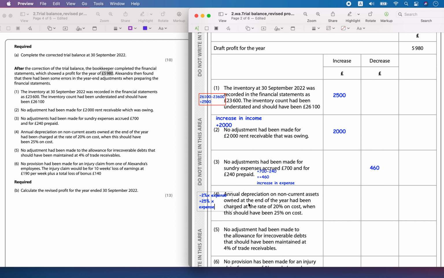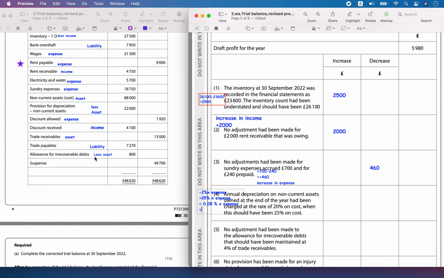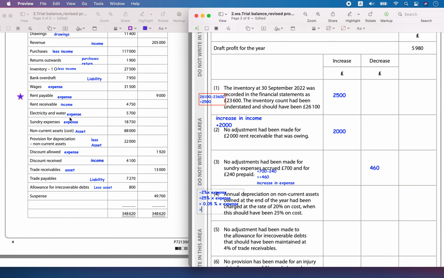So the change in expense that has to be made for depreciation will be equal to 0.05 of that expense, an increase in expense. Let's see what the depreciation charge is: on non-current assets you include 0.05 on 88,000, which is equal to 4,400.